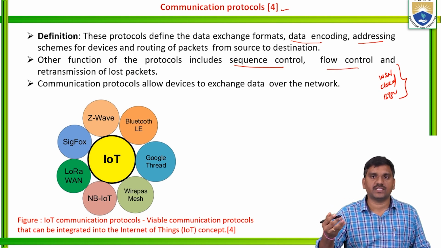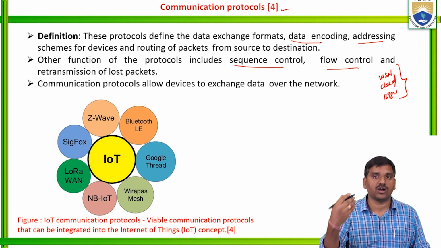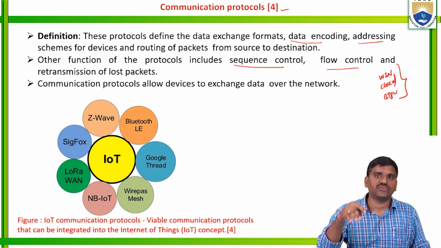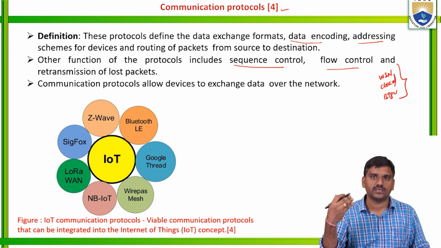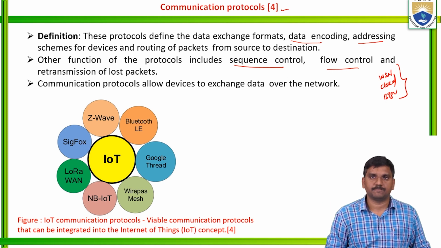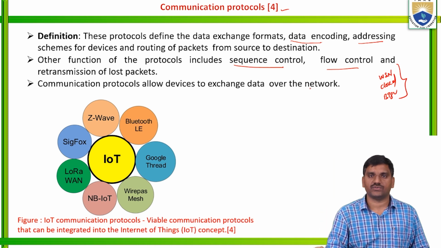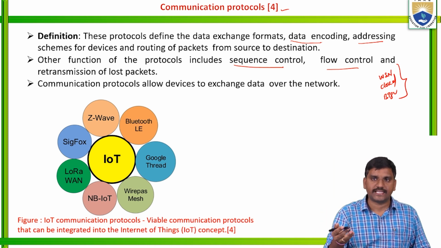While transmitting, in the middle of transmission, some of the packets may be lost due to propagation losses. So in order to identify that, we have different methods in communications. So communication protocols allow devices to exchange data over the network. So this is about communication protocols.